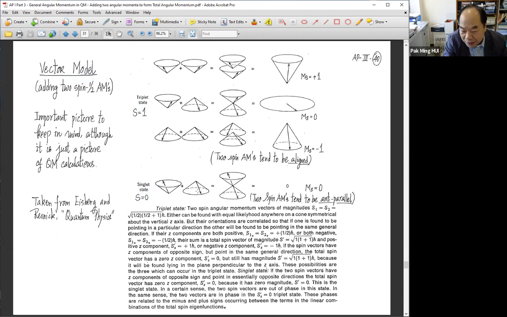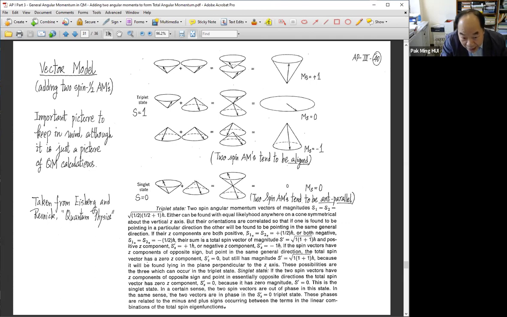It's easy to think about the singlet first. So you have a spin half plus a spin half, and they always cancel so that you get nothing at the end, okay? So you can think about it as the following. One spin lives in the upper cone, so the Z projection is always plus, so it's an up.